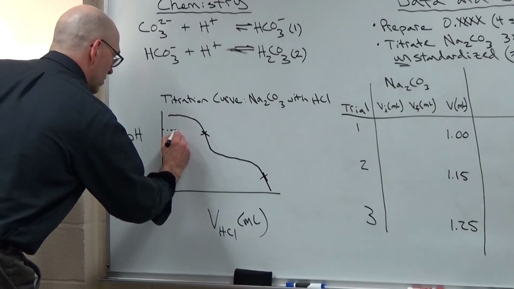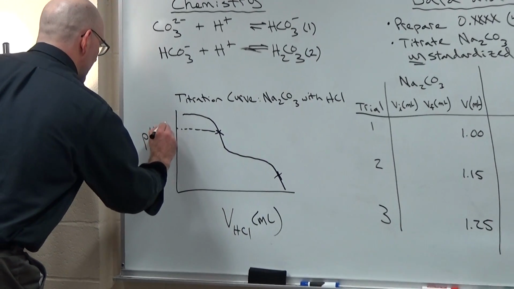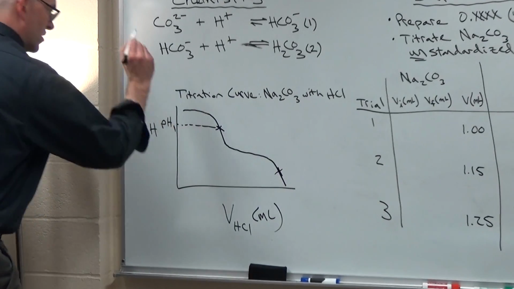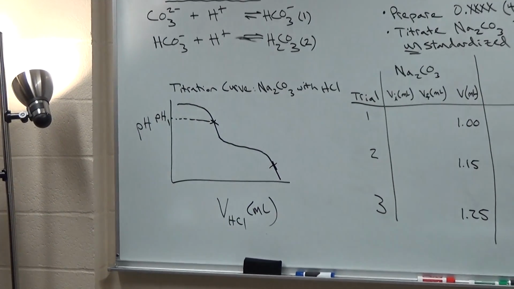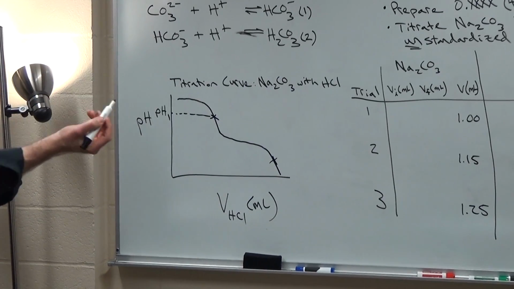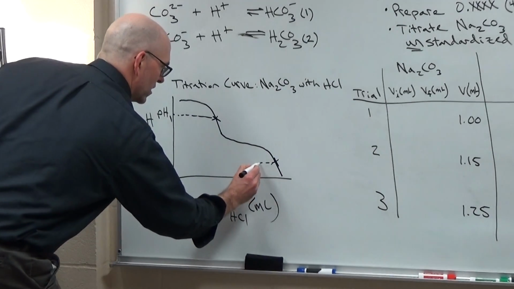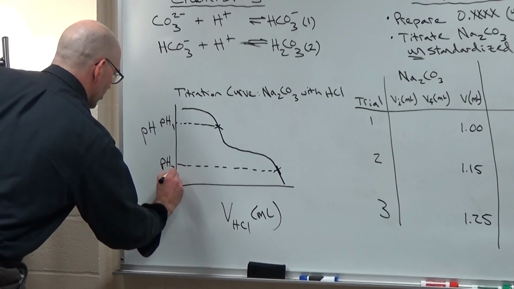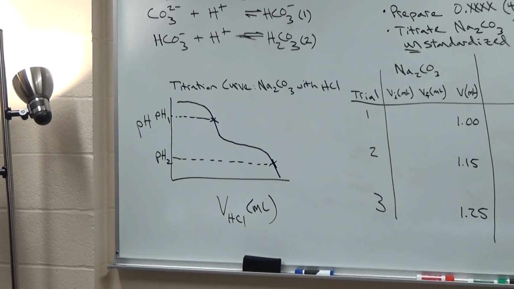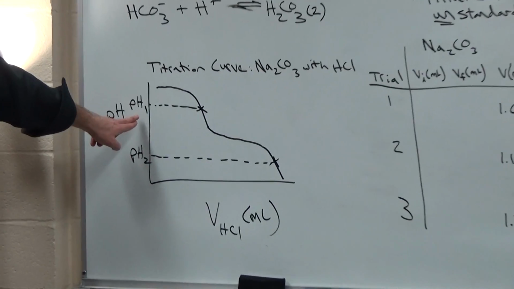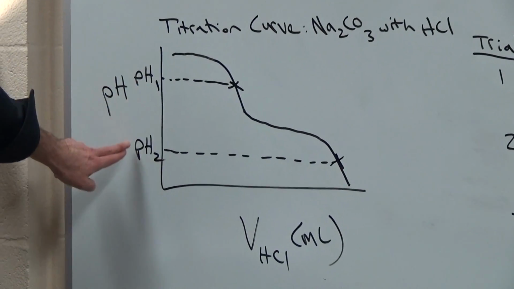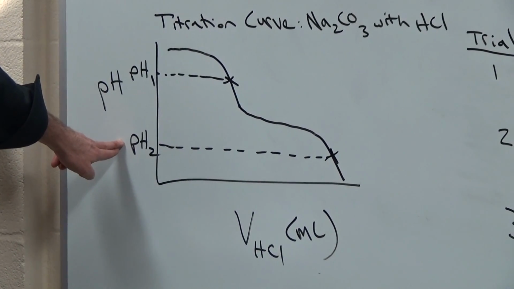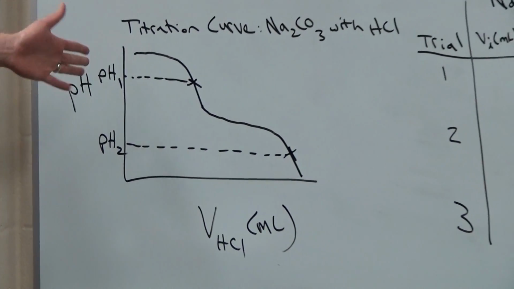So what you could do is this would be the pH at your first equivalence point, and you can see that in your pre-lab, what we mean by that, your first endpoint, and this would be the pH at your second endpoint. So in lab today, the ultimate goal is to actually calculate these pHs, which is going to be kind of interesting to do. All right, so that's enough of that.